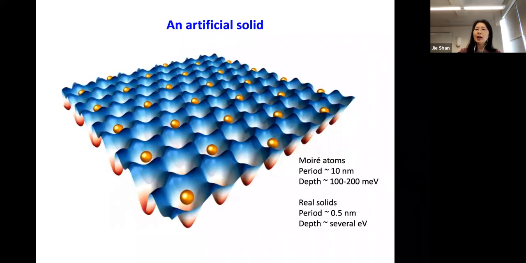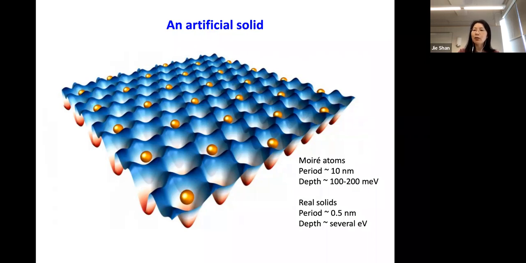And so this is kind of the cartoonish picture for electrons in this periodic moire potential. And you can think about each as an artificial atom, but now the period is 10 nanometer, and the depth is on the order of 100 to 200 milli electron volts.